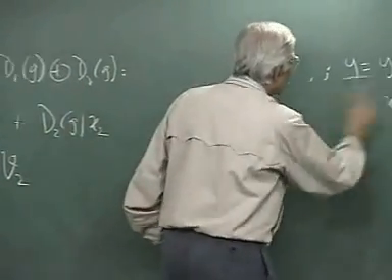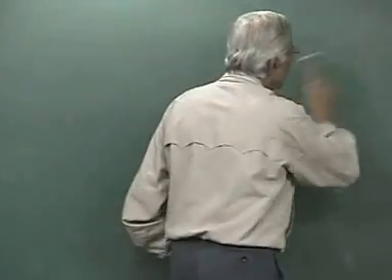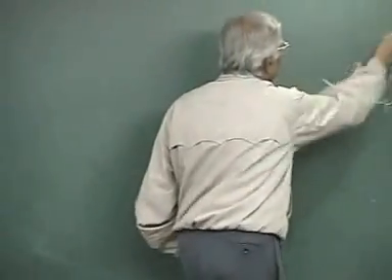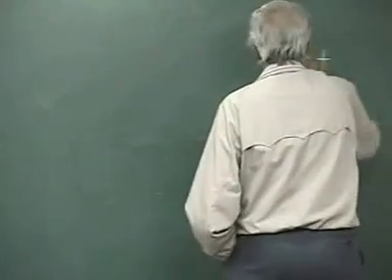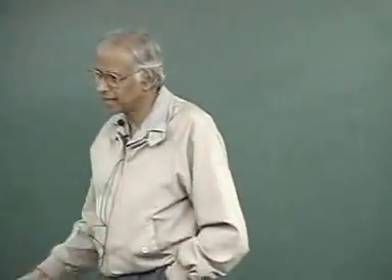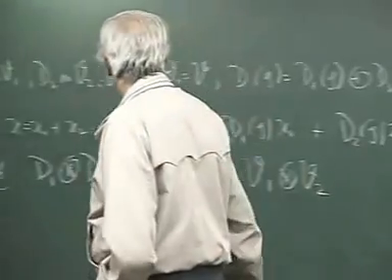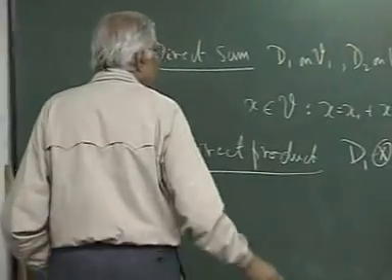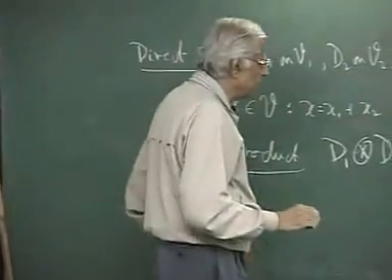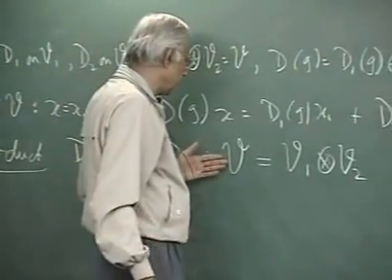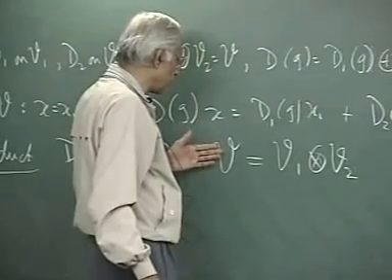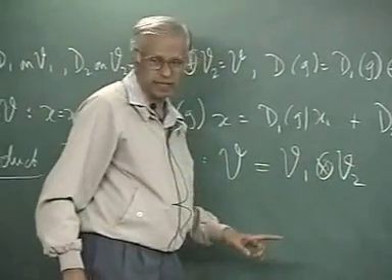It is not at all simple to define the direct product concept in a basis independent way. It can be done, but it is quite subtle. I will see if there is time. I will try and describe a basis independent way of defining the tensor product of two vector spaces.